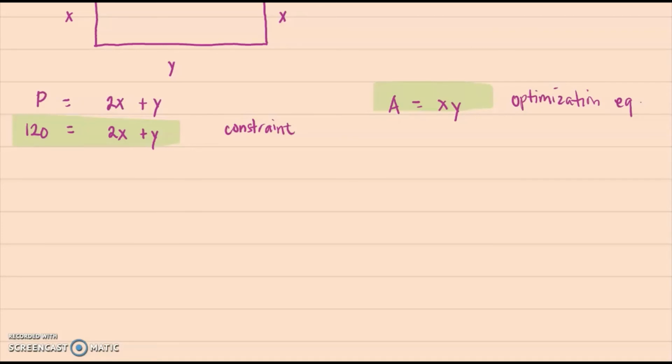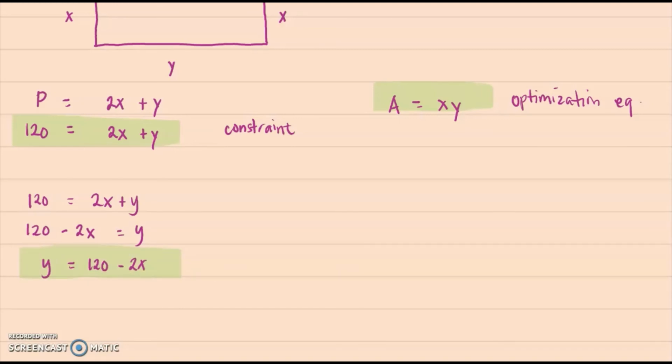Solving for y, we have 120 minus 2x is equal to y. Let's just write it this way: y is equal to 120 minus 2x. And highlight that equation because we are going to use that later.